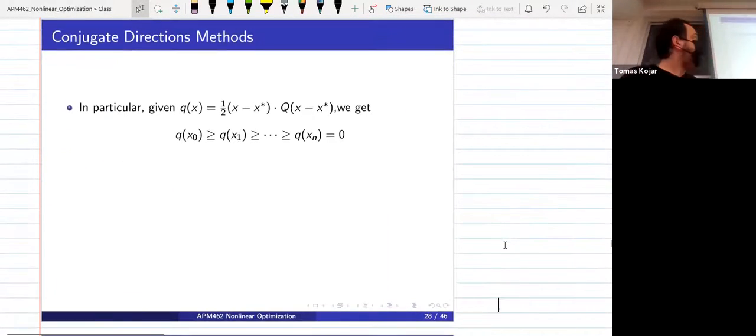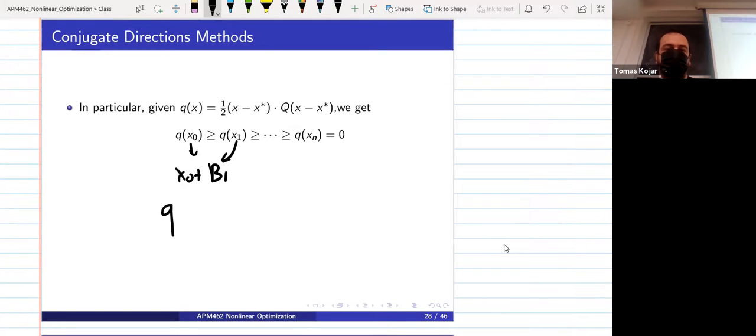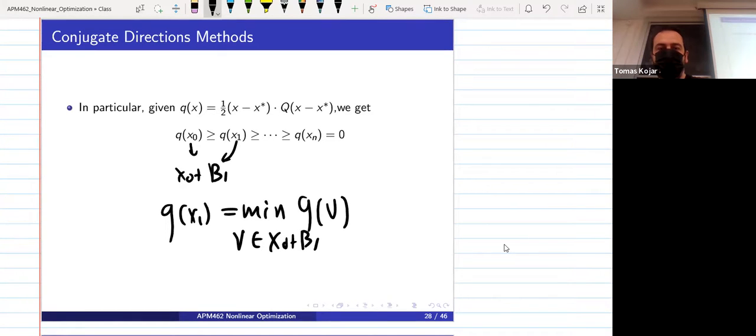So the result we just proved is that at each step, we have this minimization. Because this guy is in the x0 plus b1, but this guy is also in here, right? And we just showed that q of x1 is equal to the minimum over v in x0 plus b1. But then this is less or equal than q of x0.